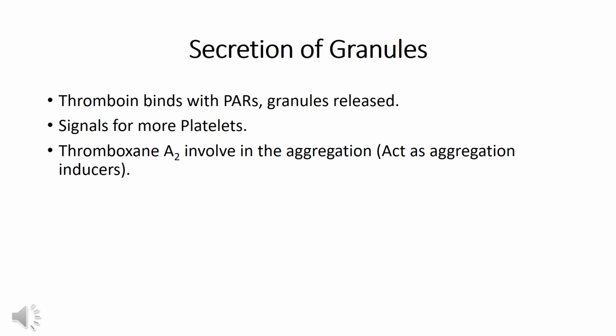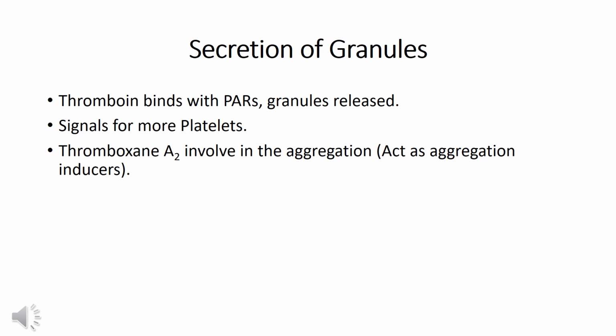Released granules act as an attractive force for other circulating platelets. They act as a chemical, and other platelets which were moving freely in the blood move toward the signals released from the primary clot.